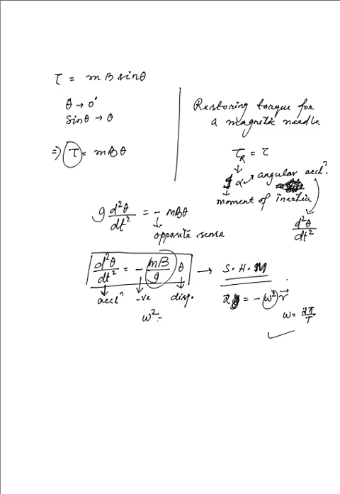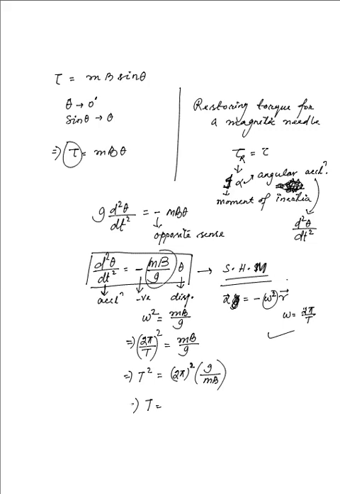Omega squared is simply mB divided by I. That means (2 pi by T) whole squared is equal to mB divided by I. Cross multiplying, T squared is equal to 4 pi squared, with I divided by mB taken to the other side.